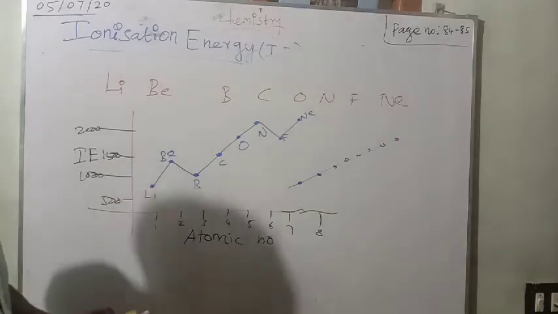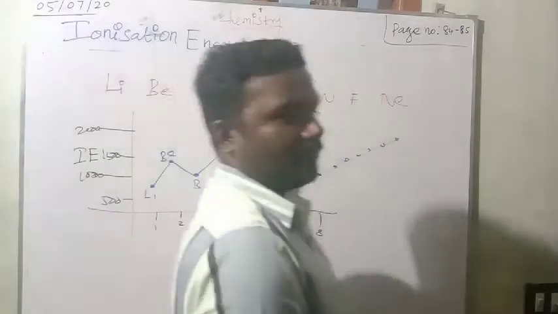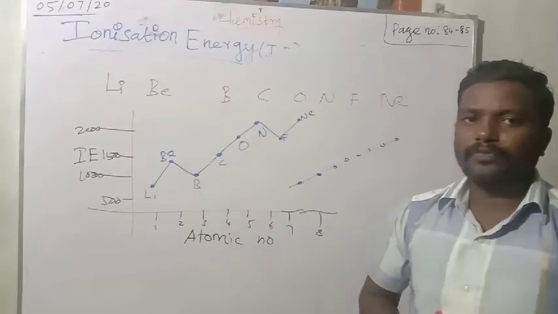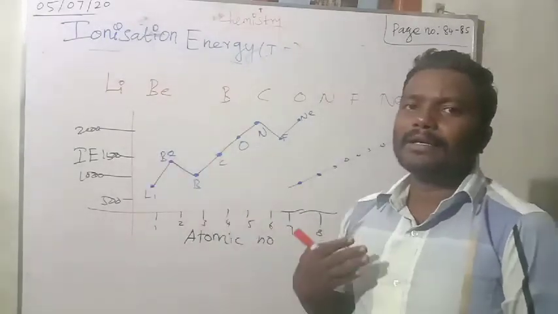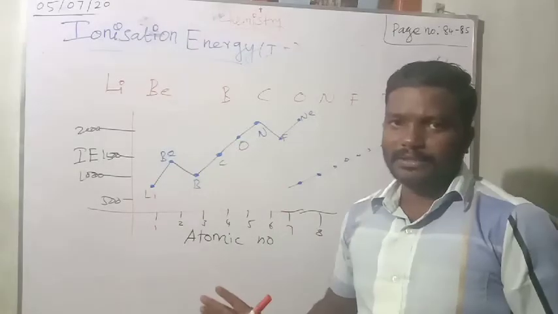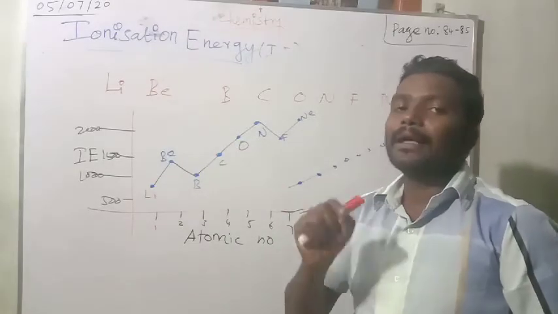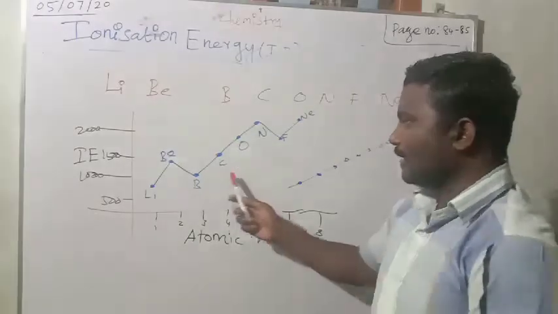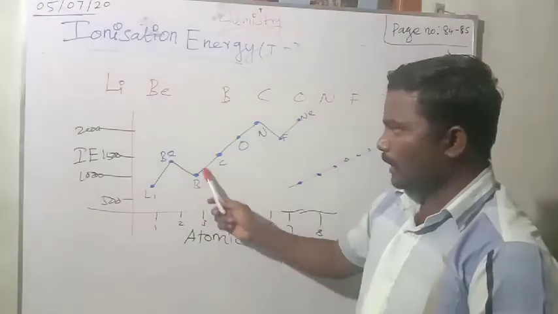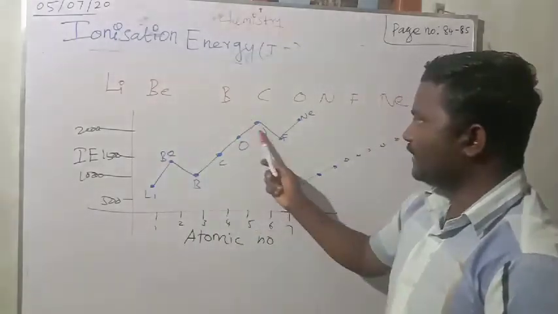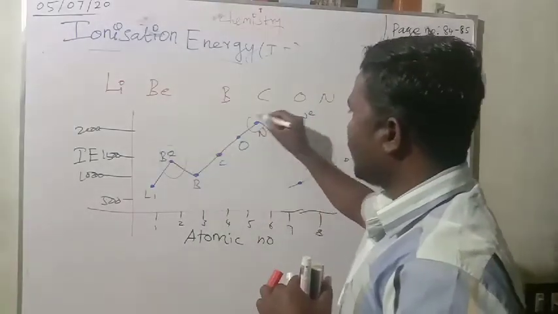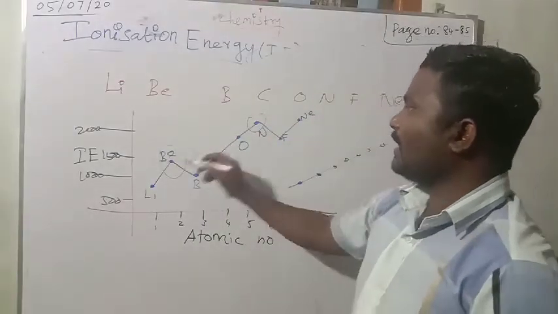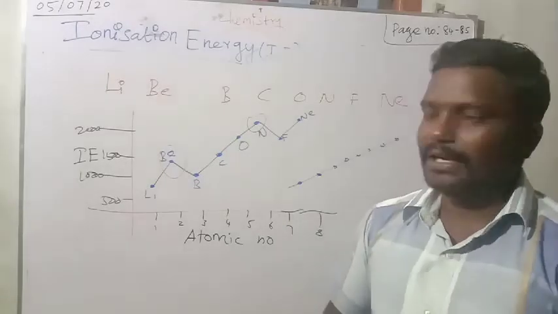So there are some exceptions also, my dear students. Period wise, if you learn ionization energy, usually left to right ionization energy will increase. There is no doubt at all. But there are some exceptions. What are the exceptions? Beryllium and nitrogen are the exceptions. Why are beryllium and nitrogen exceptional?